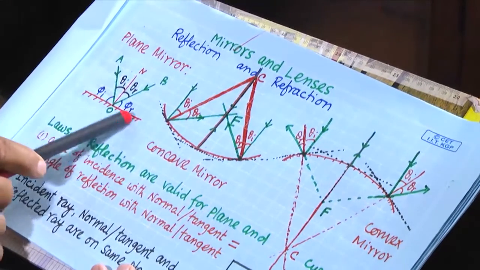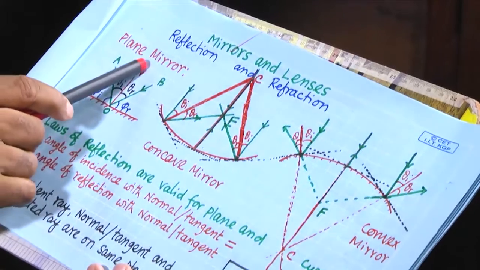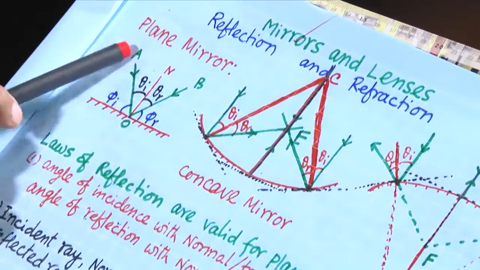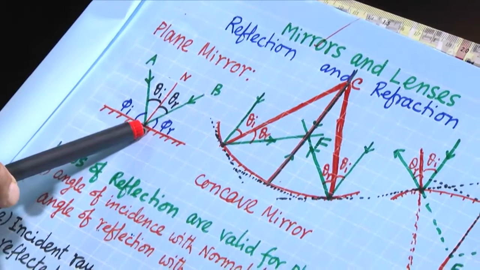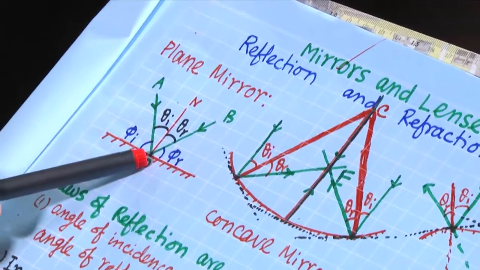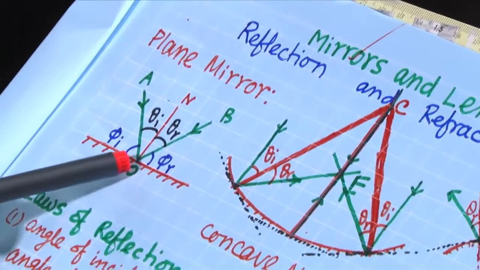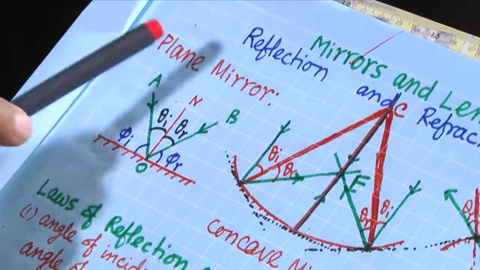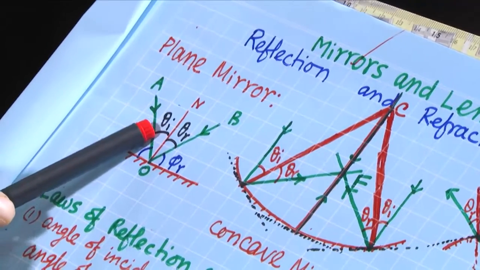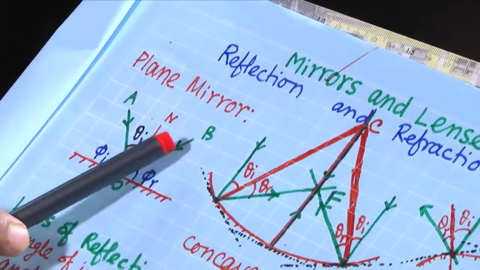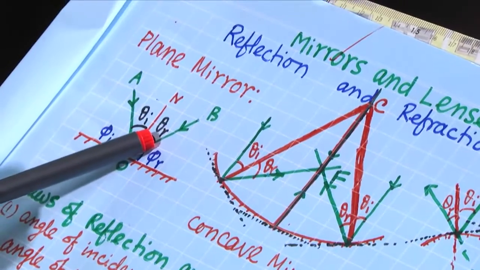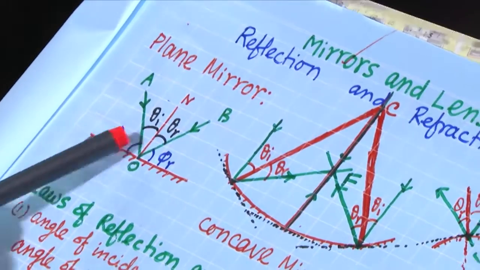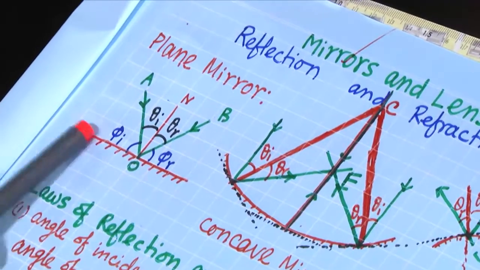So, basically this is the plane mirror and NO is the normal. AO is the incident ray, then it is reflected from the mirror, that is OB is the reflected ray, right. With the normal, the incident angle is theta I and the reflected angle is theta r. Also one can define the angle with the surface of the mirror.